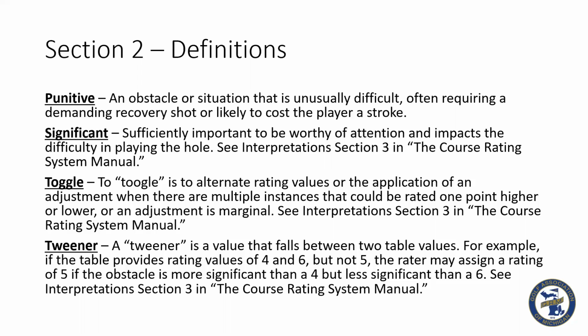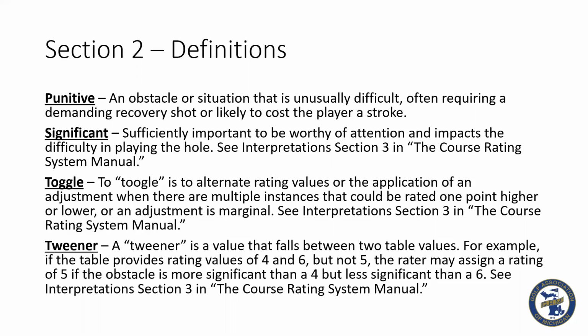And so we might toggle it. What that means is that the next time we see something similar, we'll apply it at that hole. Typically we do this with R&R a lot with the mounds, where it maybe doesn't quite get to that level where we'd adjust a 1. But if we have 2 of those holes in a row, then we would apply it on one of those holes and call it a toggle.